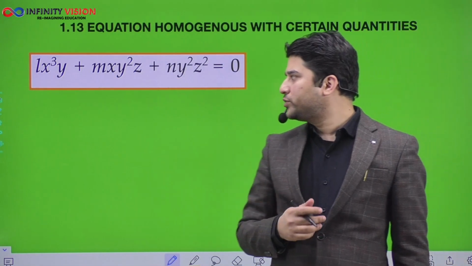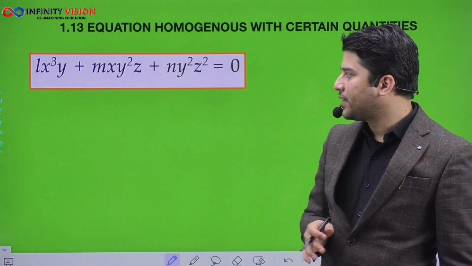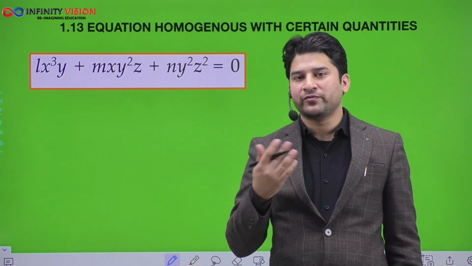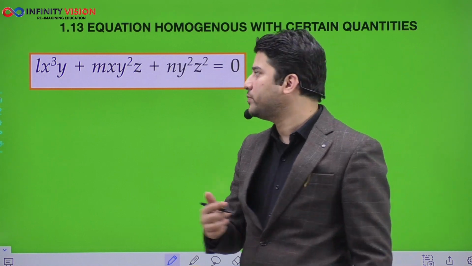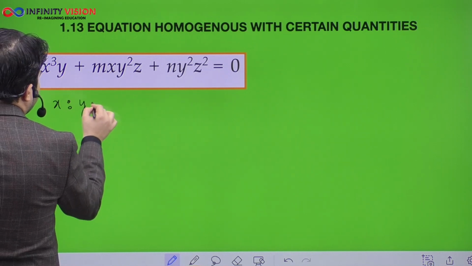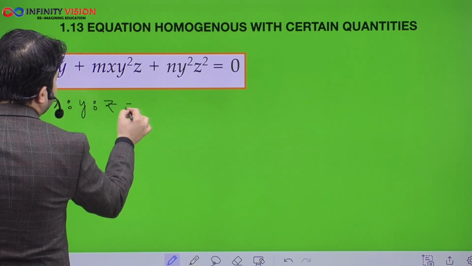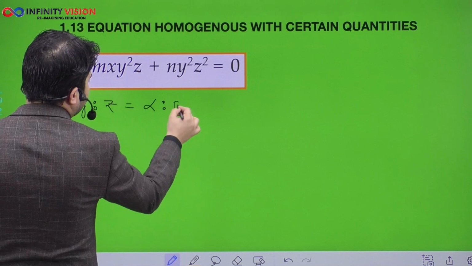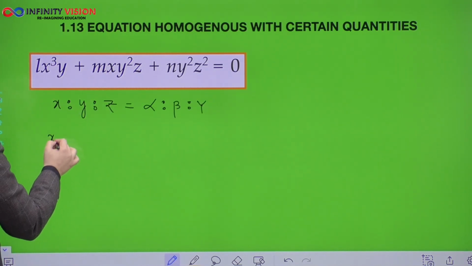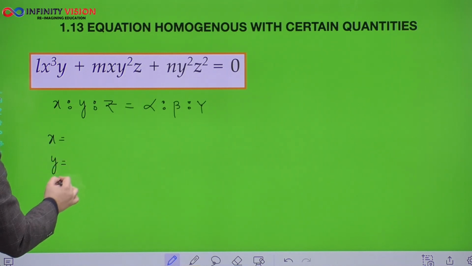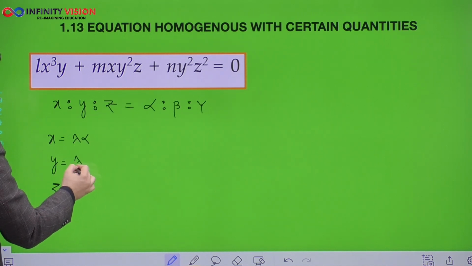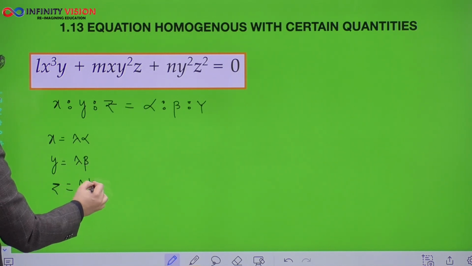Let's say you have a homogeneous equation in x, y, z, and this x, y, z is proportional to three quantities, let's say alpha, beta, gamma, which means x is to y is to z is equivalent to, let's say, alpha is to beta is to gamma. Then each of x, y and z can be written as lambda alpha, lambda beta and lambda gamma.